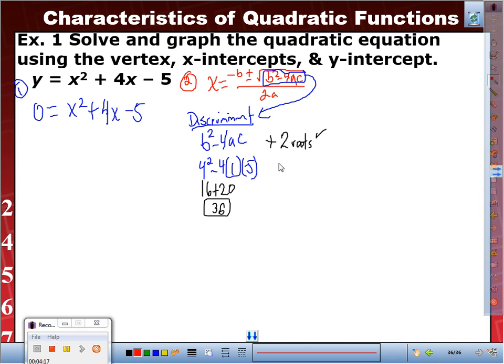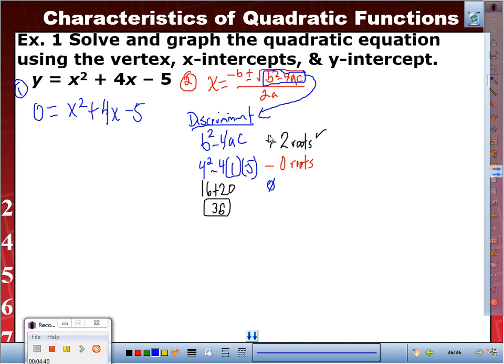However, let me show you the other options. The other option would be if we get a negative number, then it would be 0 roots, which means there are no solutions. So first option is a positive number, second option is a negative number. The third option is if this number ended up being 0.